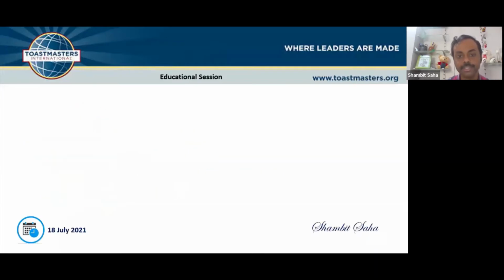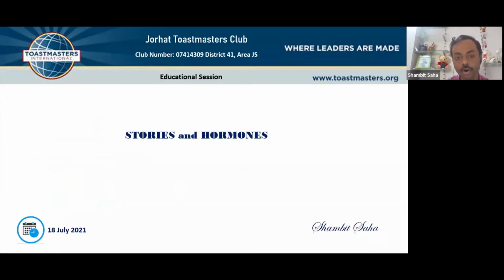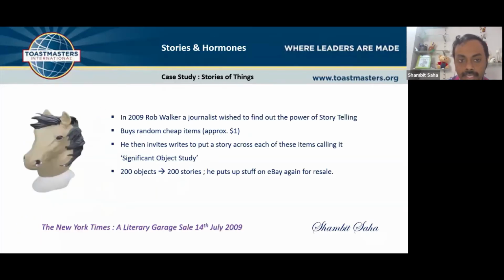Right. First, we'll look into stories and hormones. In the year 2009, there was a journalist, his name Rob Walker. He was very intrigued by storytelling and he wanted to find out what its power is. So what he did was he bought things from eBay, just randomly. For example, this horse head shown over here is one of the things. Each of these items cost around $1.